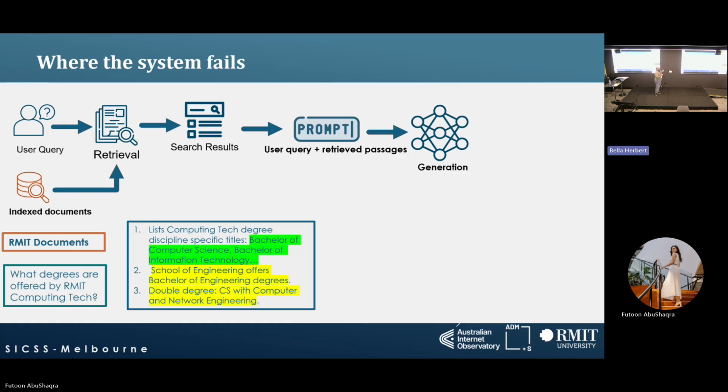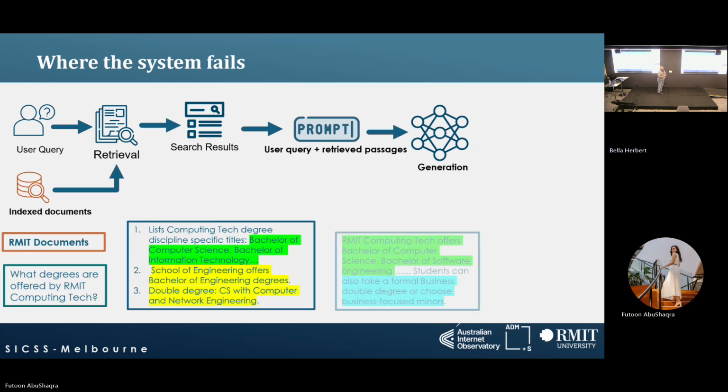Let's say for the same query, you got the same retrieval results, but you may still get a different answer. This is the example I spoke about, where you have no control over how the LLM generates the answer.